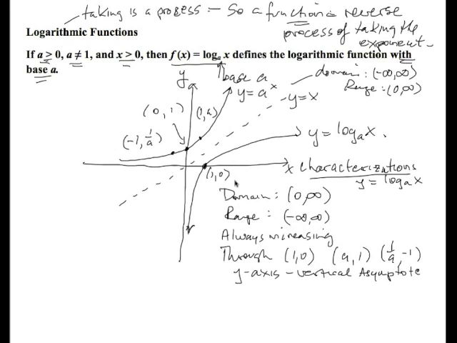Now, of course, this was when a was greater than 0, and of course it's not equal to 1. And in this case here, it's going up, this is where a in fact is going to be greater than 1. That's the graph, because it went up there.